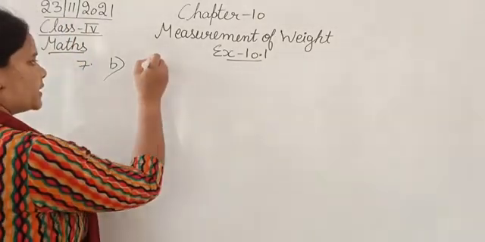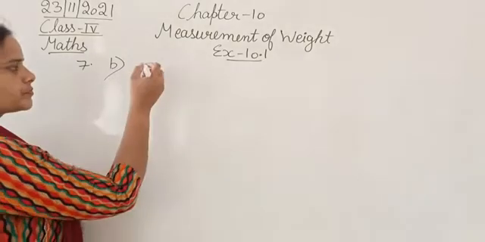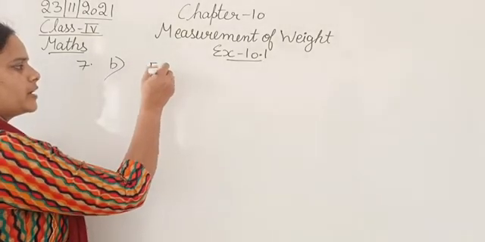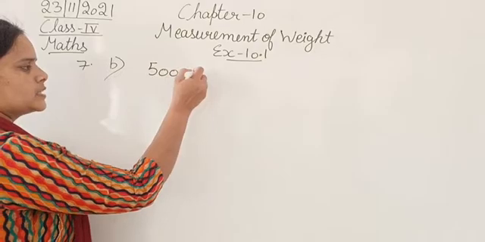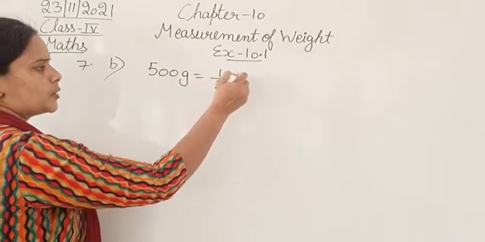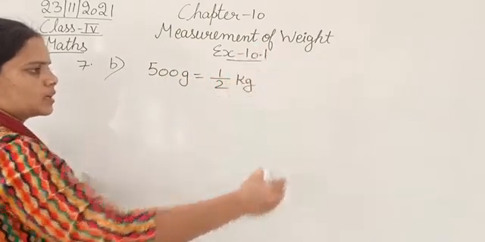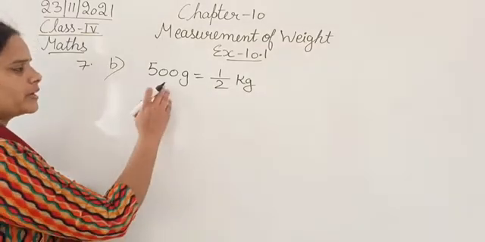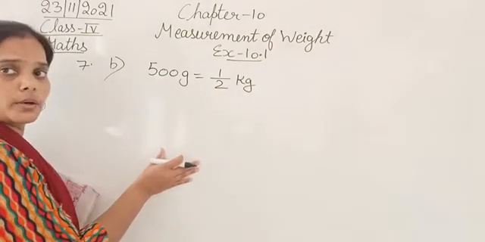So 500 gram is equal to 1 upon 2 kg. We converted 500 gram into kg, and we got 1 upon 2.